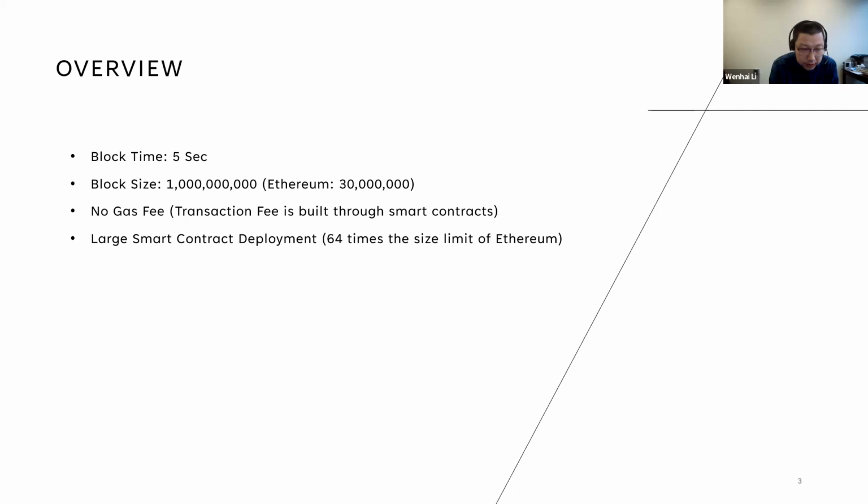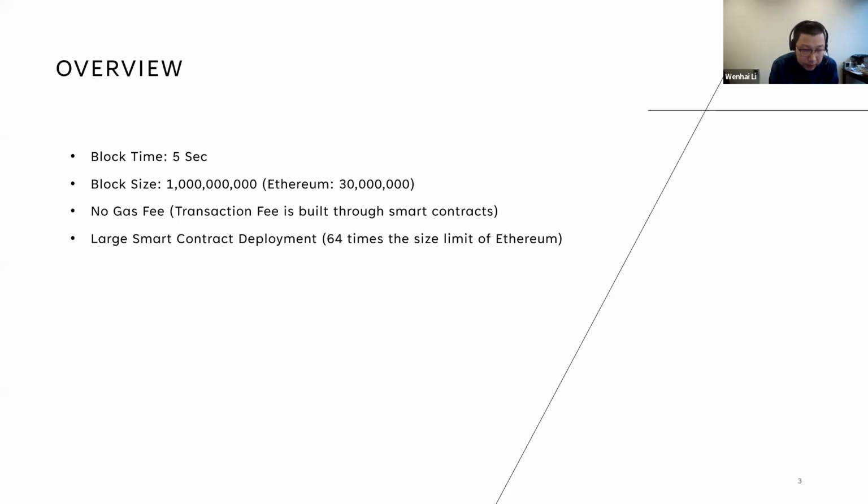The reason we do this is that we know that on a blockchain like Ethereum, the gas fee is super high, and also, if someone mines a new block, the reward is also very high. So we do not have all this issue. By removing the gas fee and the reward for mining a new block, we can relieve some limitations of the traditional blockchains.